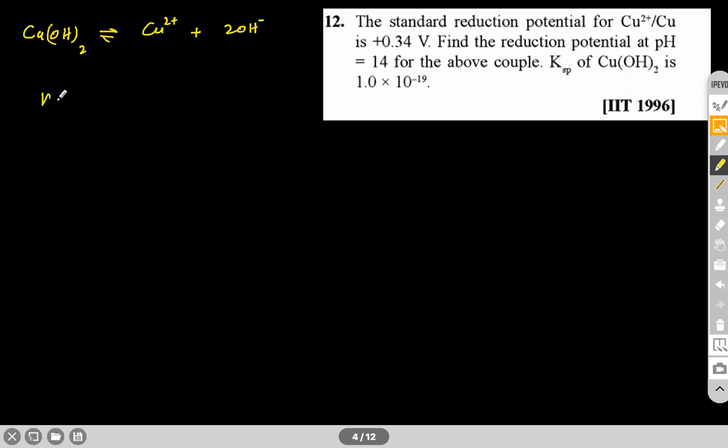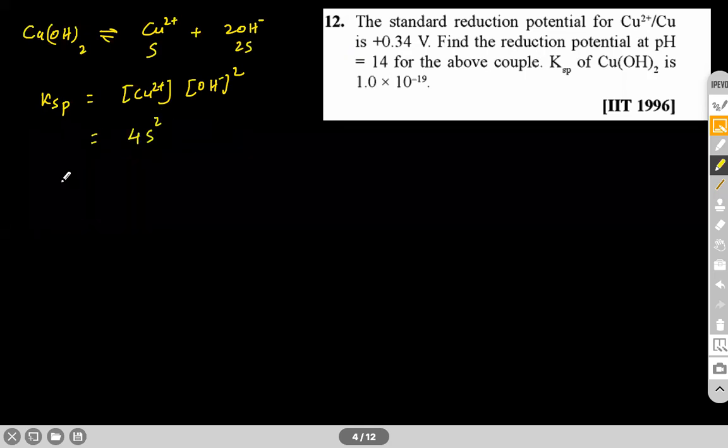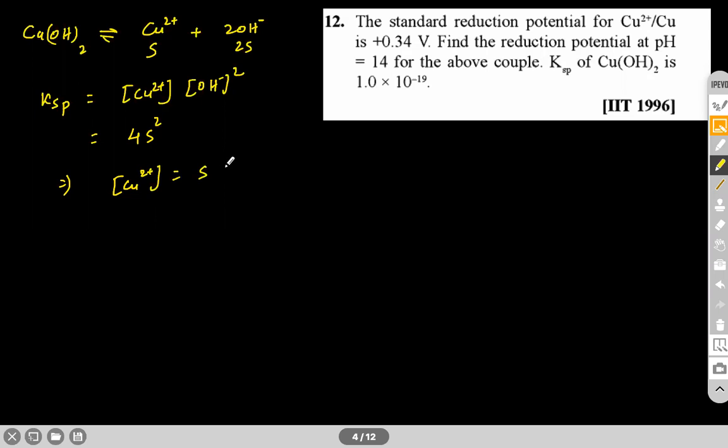So the KSP expression, if I write it down, will be the concentration of Cu2 plus times the concentration of OH minus squared, right? So if it is S, this one is 2S. So we can write 4S cubed. So the concentration of Cu2 plus is equals to S, which is the cube root of KSP by 4.